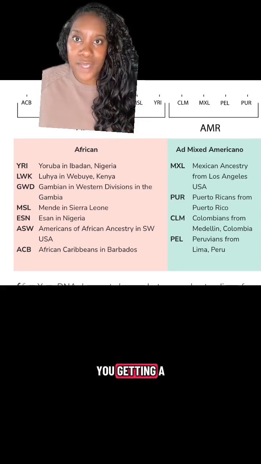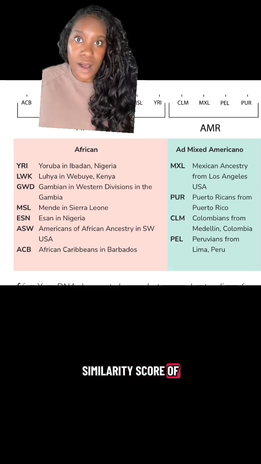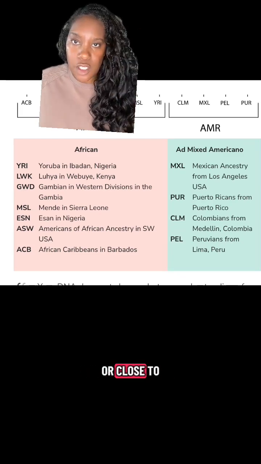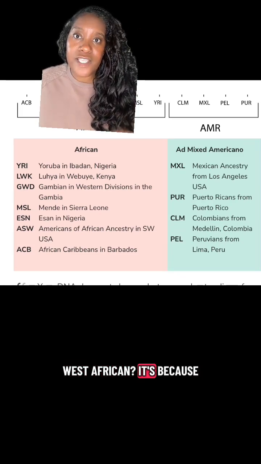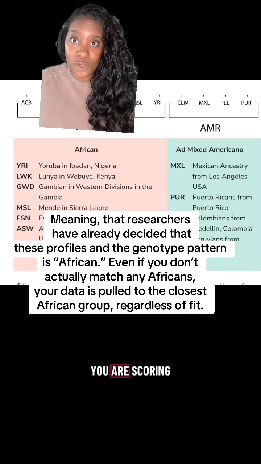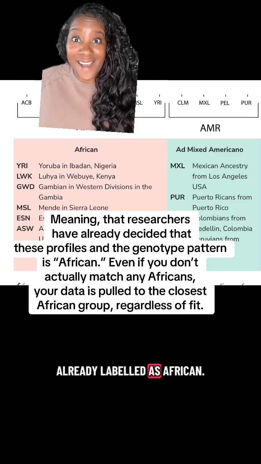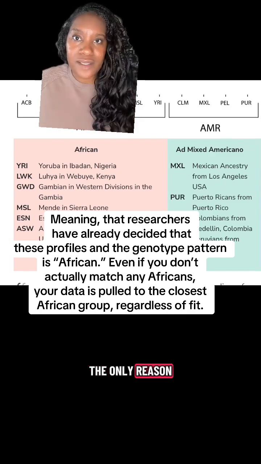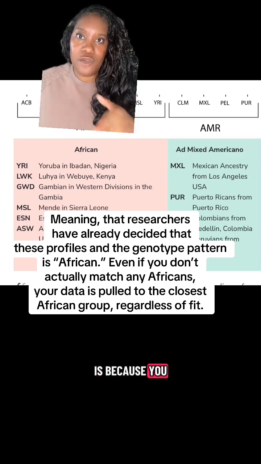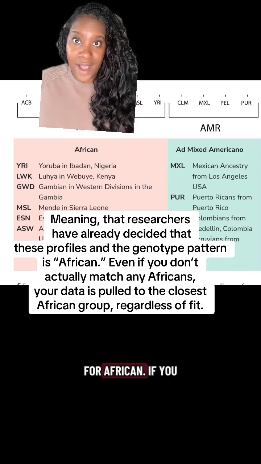So why are you getting a similarity score of close to Nigeria or close to West African? It's because likely you are scoring close to groups that they have already labeled as African. The only reason you're matching the template is because you match the groups that they decided were African.